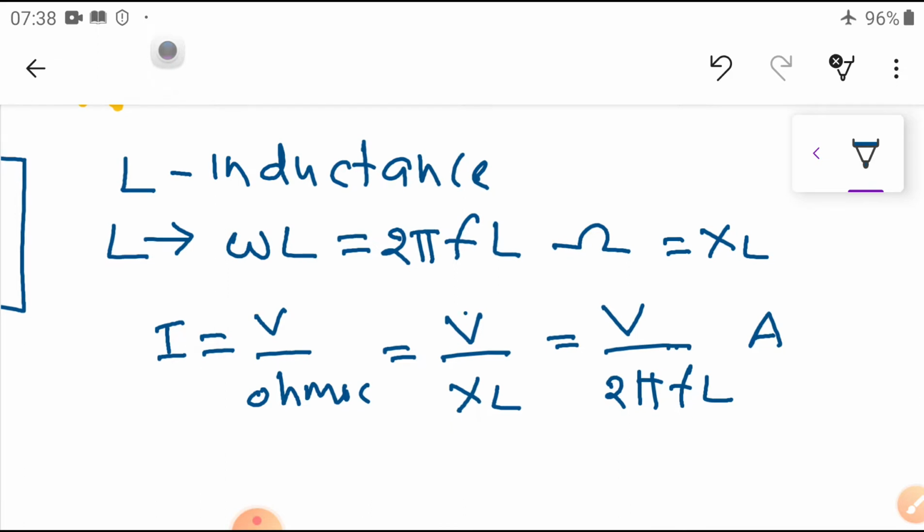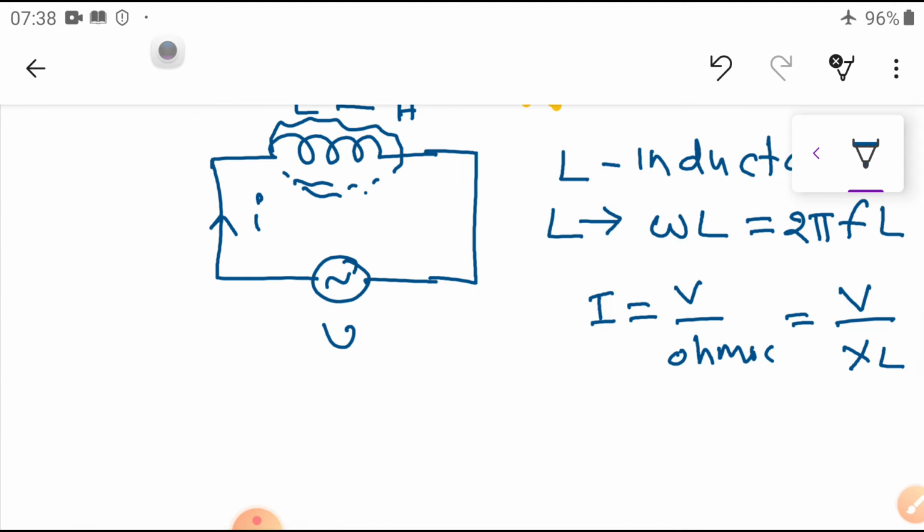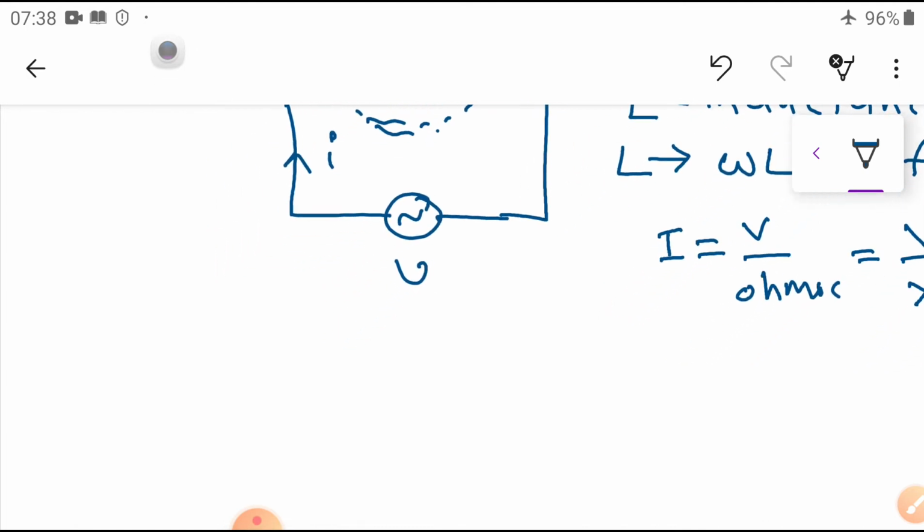Okay. So, now what is the relation between our voltage and current? We know that the voltage is in this direction and the current is lagged by a maximum of 90 degrees in this case. The angle is 90 degrees.